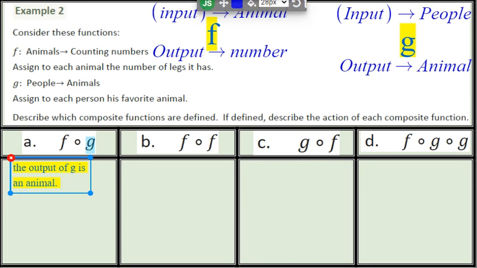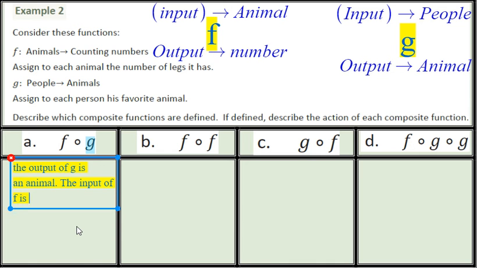I take that output and I put it into function f. The input of f is also an animal. And the output is the number of legs for the animal.